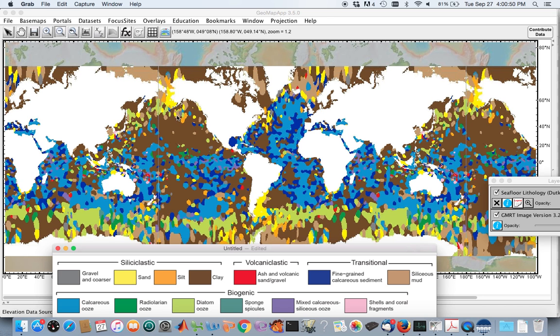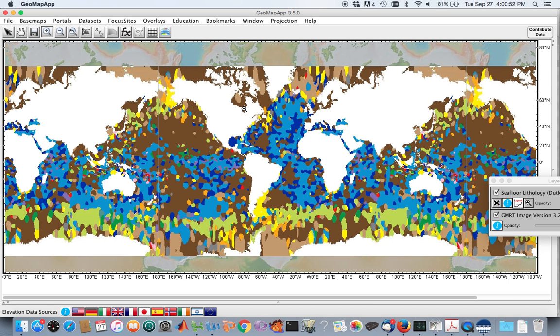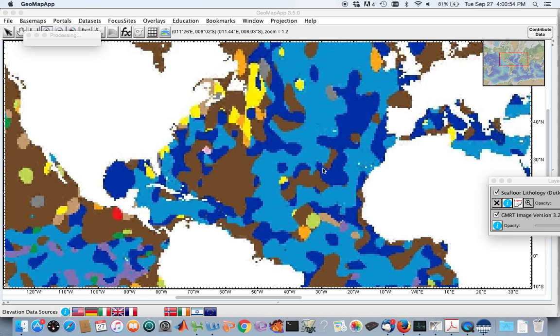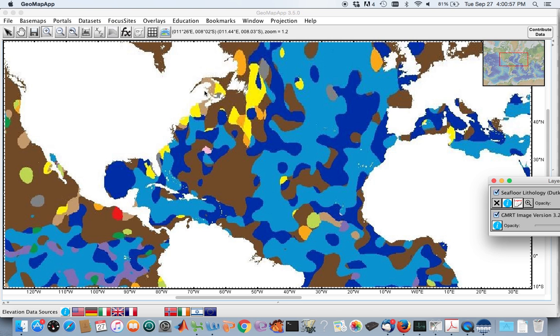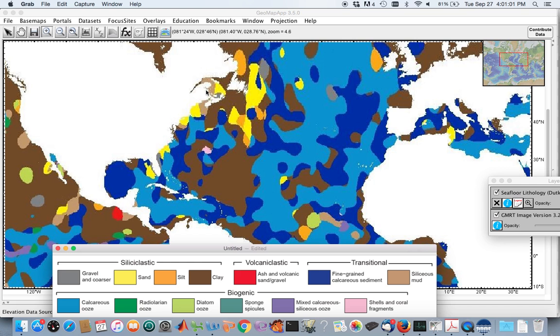So we see the gray. We zoom in. See more of the grays and the yellows and the oranges near the land, okay, because those are the coarser sediments that settle out close to land.